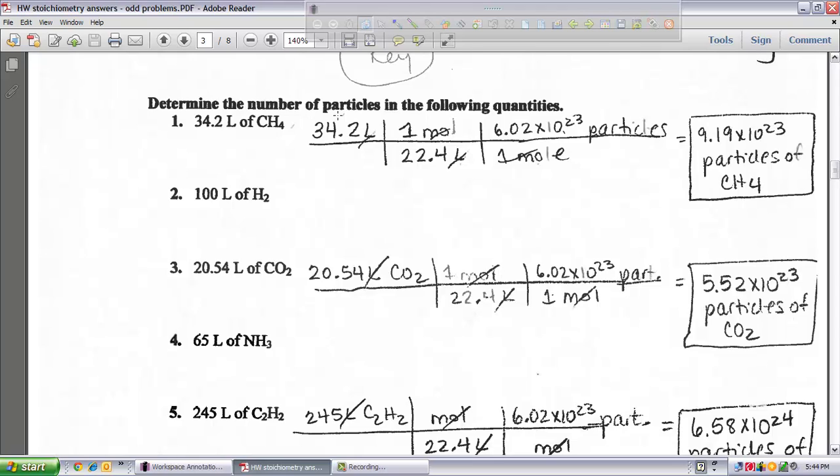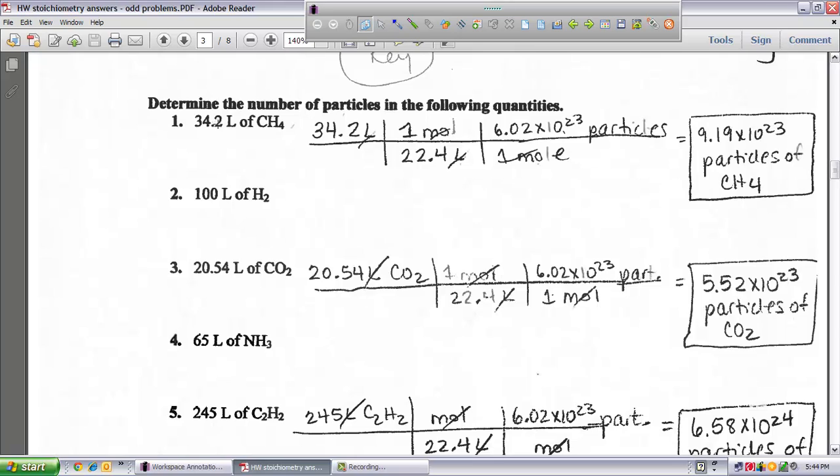Okay, now we're moving on to particles. Particles should give you a hint that you're going to use Avogadro's number, which is 6.02 times 10 to the 23rd of anything in a mole. Generally, since that's such a large number, you would use that for ions or molecules, those kinds of things that are teeny, teeny, tiny. You wouldn't use them for things like iPads or something like that that's really large.